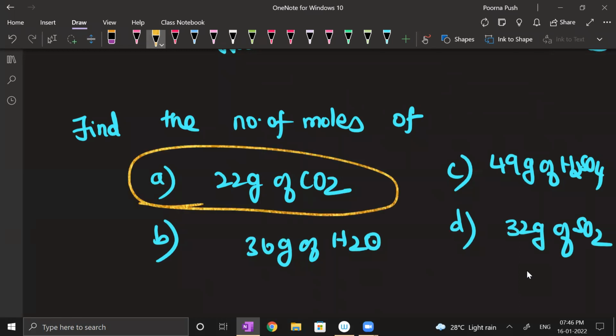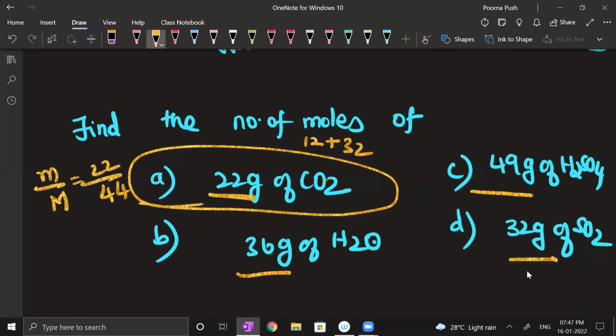What is the formula? Small m by capital M. Everything given here is small m. You are going to find capital M. Carbon's weight is 12 plus oxygen 16, 16 twos are 32, so 44. So 22 by 44, how much? 0.5, ma'am. Exactly half. So 0.5 mole is the answer.